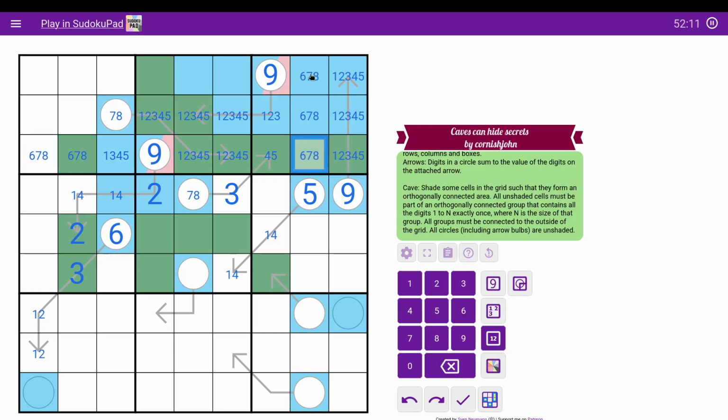One of these is a 6. It's a pretty desperate deduction to be making in this hypothetical situation. I don't know.